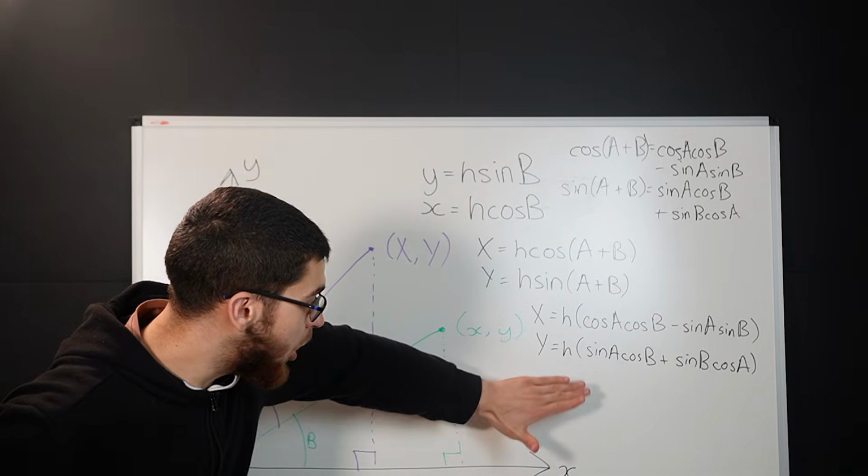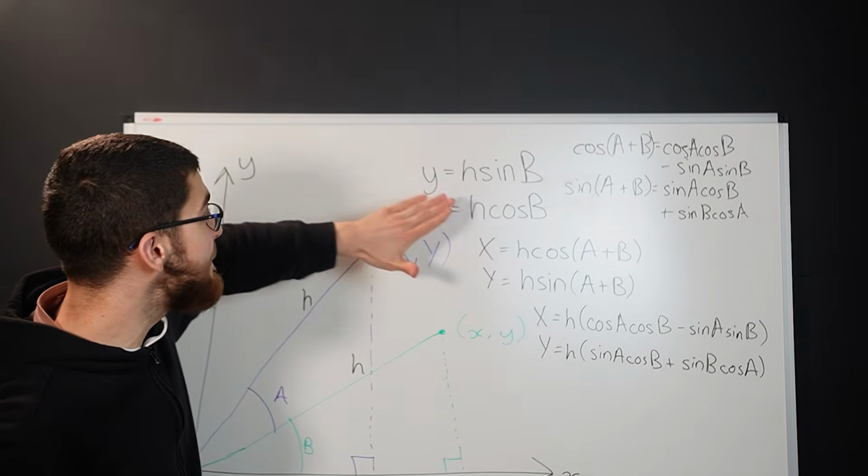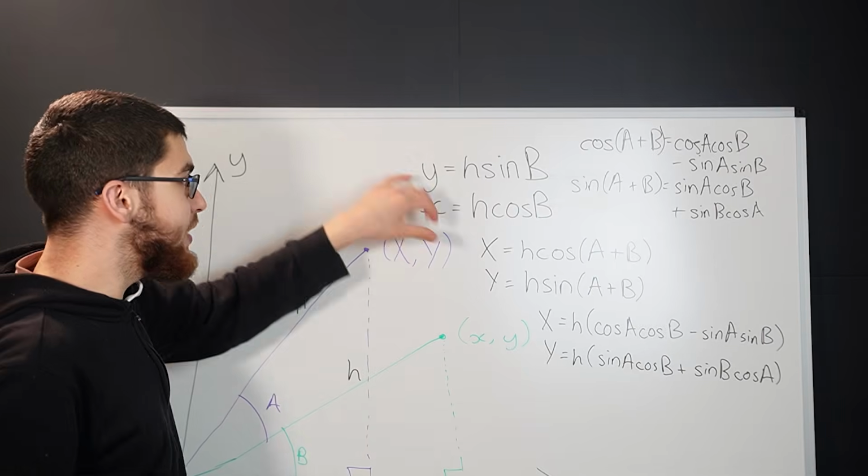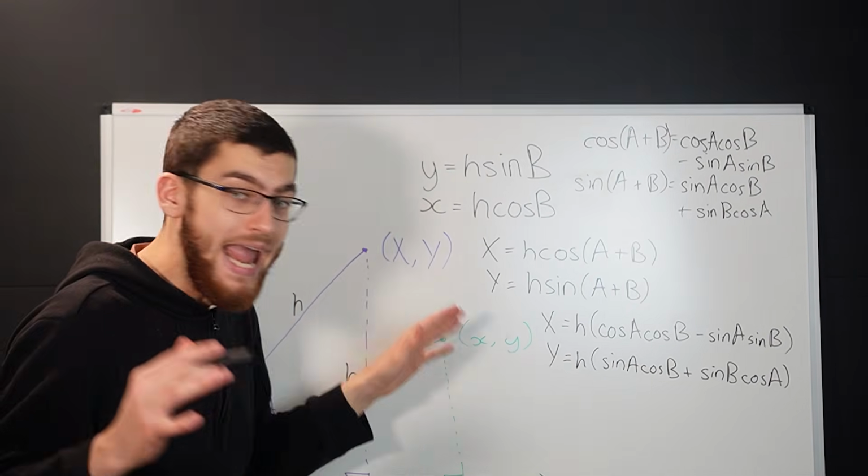So this looks more complicated, but trust me, it's not, because remember, Y equals H sine B and X equals H cosine B. So we can divide both of these equations by H, and look what we get.